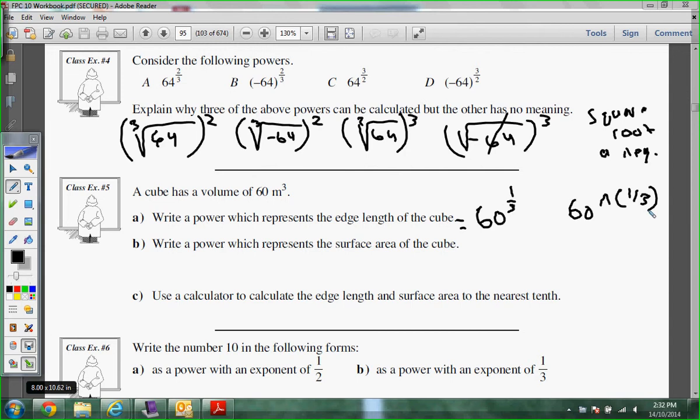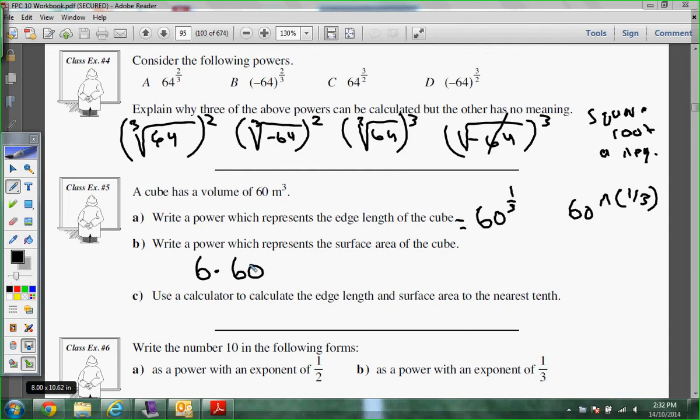So write the power, which represents the surface area of the cube. So what is the surface area of the cube? Interesting. Well, we know that this represents what? One edge. So what is the surface area of a cube? How many sides are there? 6 times? No. What's 60 1/3 times 60 1/3?